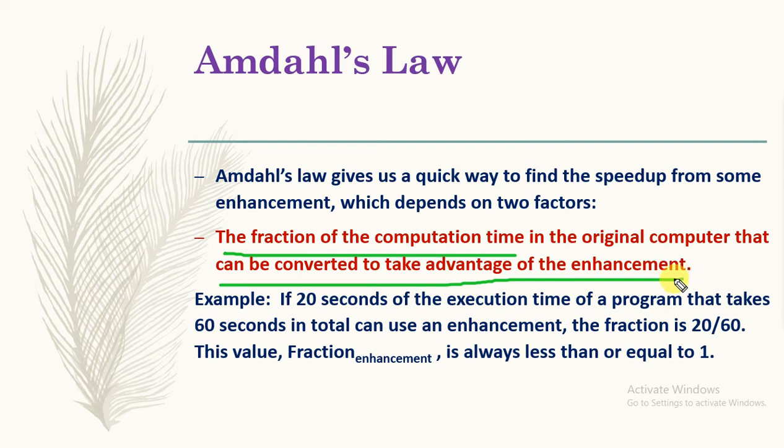For example, if 20 seconds of the execution time of a program that takes 60 seconds in total can use an enhancement, the fraction is 20 divided by 60.